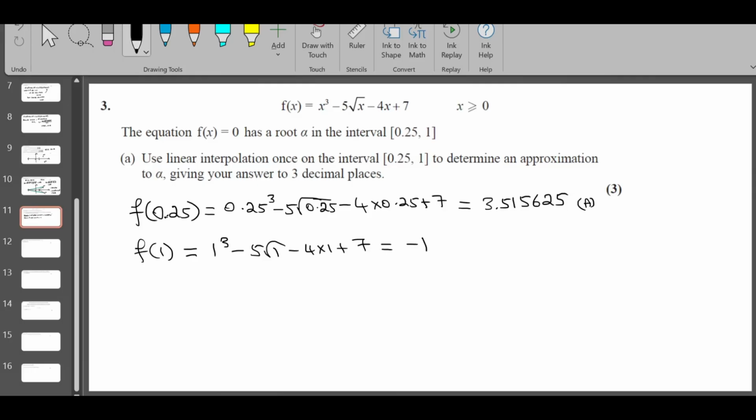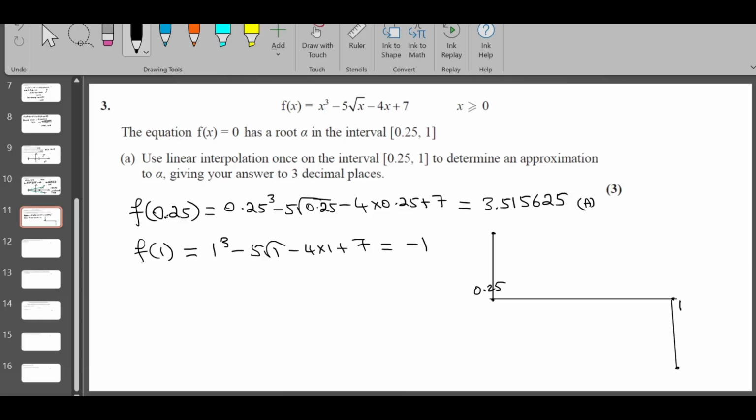Now listen to me carefully. We have 0.25 here, 1 here on the x-axis. When you sub in 0.25, you got a positive value, so it's on the positive side of the y-axis, right? When you sub in 1, you get negative 1, right?